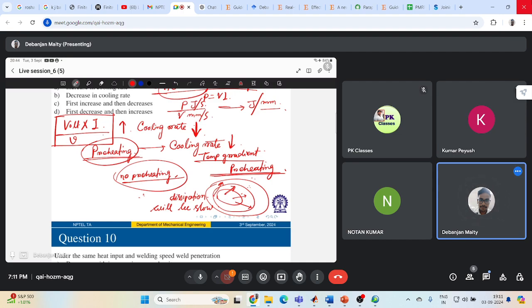So let me tell this in this way. This is kind of a heat treatment process, right, which you have also talked about. It is also used to increase the hardness and strength of your steel material.